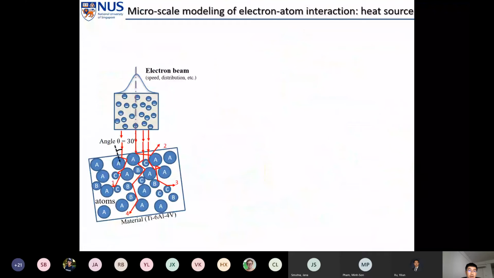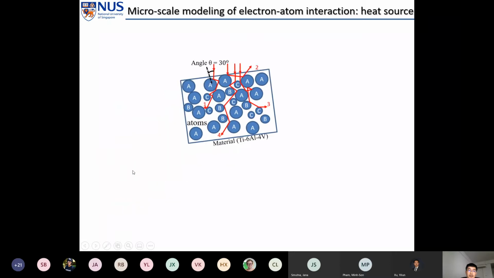So for the micro-scale model of electron beam, we simulate the interaction between electrons and atoms. For example, okay, so this is a material surface. For metal alloys, there are mostly different elements, so different atoms. For example, for Ti-6Al-4V, there are titanium, aluminum, and vanadium. So there are different atoms.